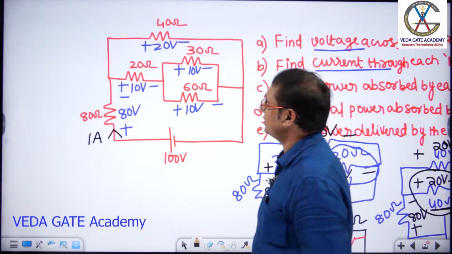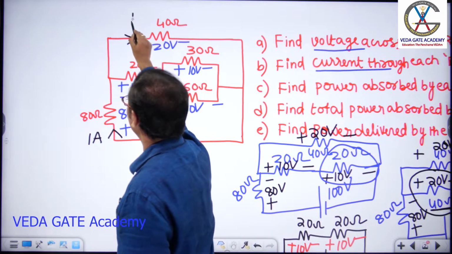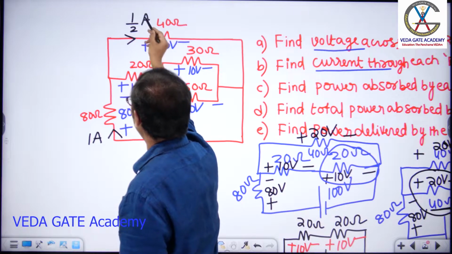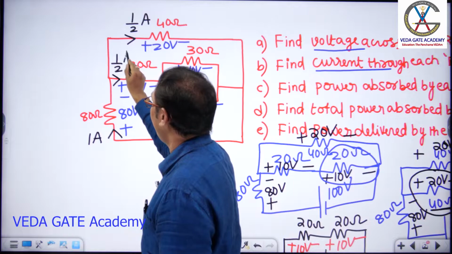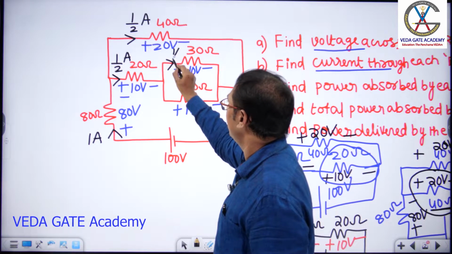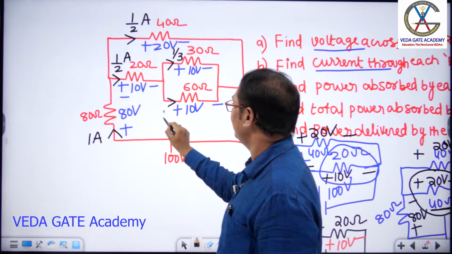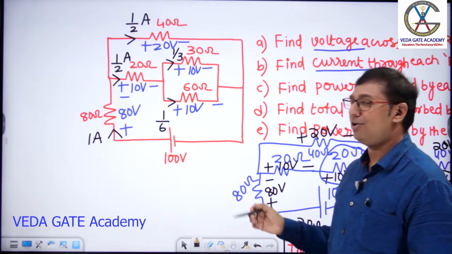Done? Right. Next, here, sir, 20 by 40, how much current flows? V by R, half ampere. Next, 10 by 20, how much current flows? Half ampere. Next, 10 by 30, how much current flows? 1 by 3 ampere. 10 by 60, how much current flows? 1 by 6 ampere. Now I have current in all the branches.